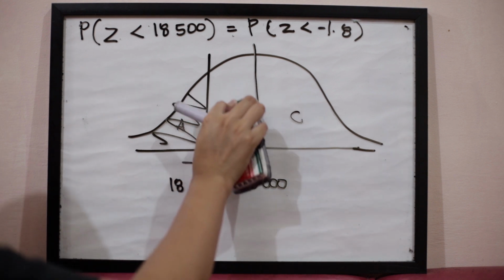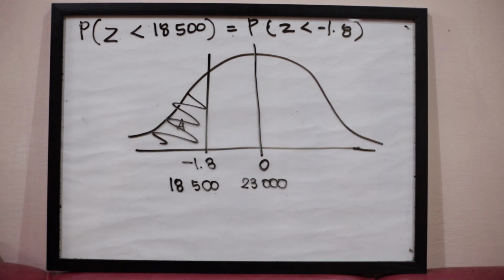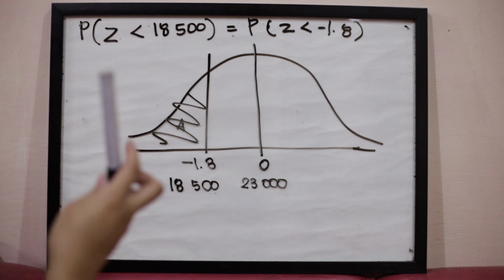So, after getting the shaded region, we will now get your table, and we have to identify the region from 0 up to negative 1.8. In your table, what you will look at is the first column, 1.8, and we disregard the negative sign.